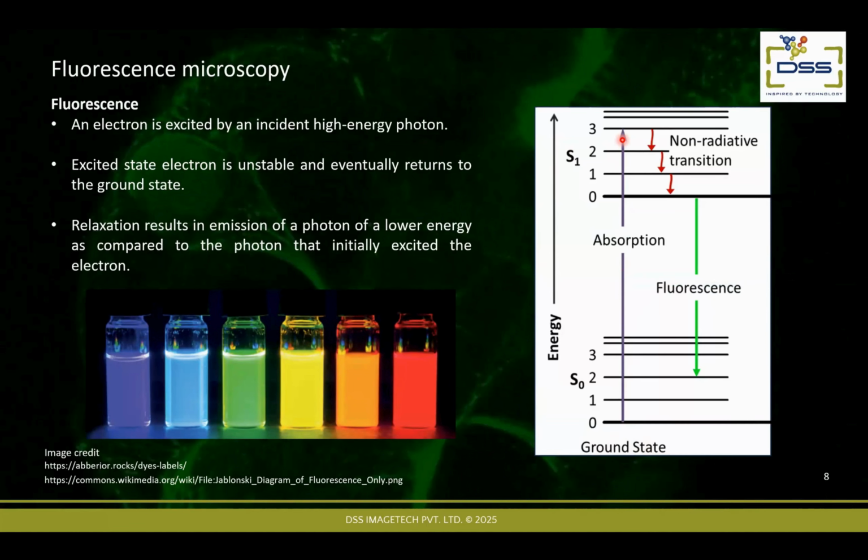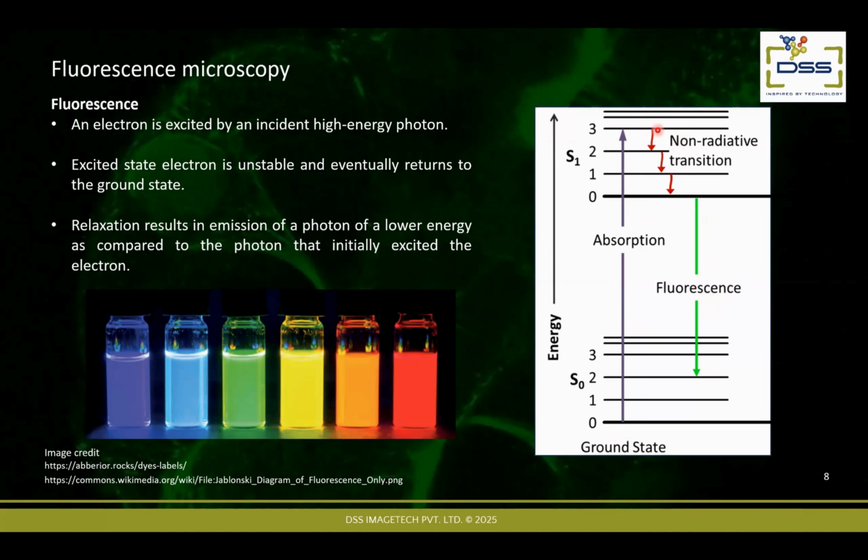But since the electron that has now absorbed this energy is unstable at the excited state, it undergoes non-radiative transition. It slowly steps down the energy levels, and then finally it makes a big jump back down to the ground state. When it comes back down to the ground state, it emits the energy that it absorbed previously, and this energy is emitted as a photon. But the absorption is of a certain energy, right? The photon hits the electron, it absorbs it and goes to the excited state.